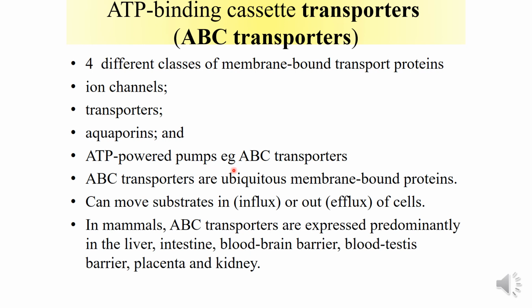These ATP powered pumps have various kinds, and one of the examples is the ABC transporter. ABC transporters are present in almost all membranes. These are ubiquitous membrane bound proteins. They can move substrates in influx or efflux of cells. In mammalian cells, ABC transporters are expressed predominantly in liver, intestine, blood-brain barrier, blood testis barrier, placenta and kidney.